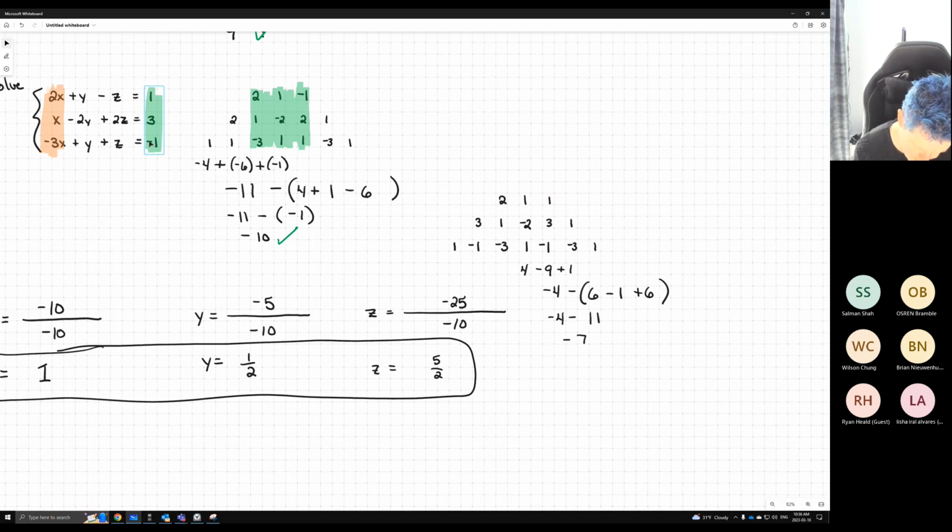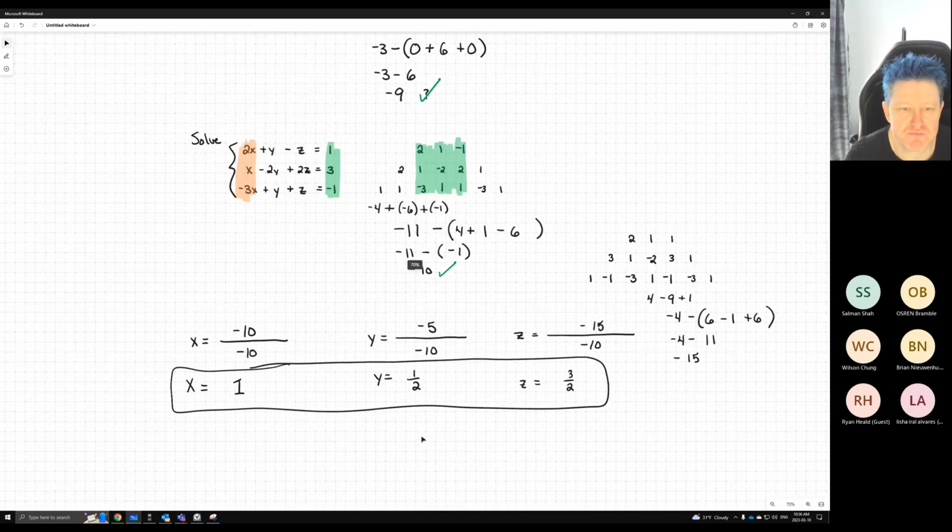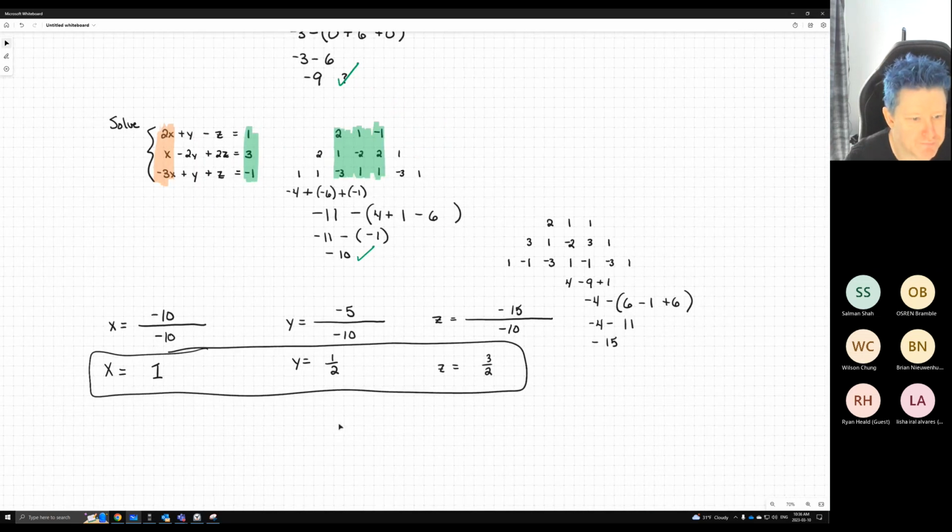Oh, wait. It's 15, minus 15. There we go. I was doing my arithmetic wrong. So minus 15, which gives us 3/2. Right. So it took us a few minutes there to get that one, but that's the idea. Okay, you've got to be careful.